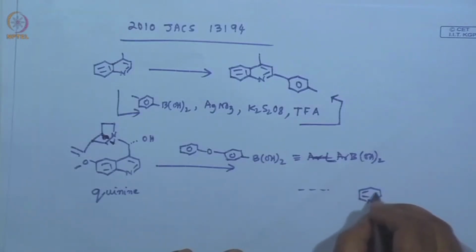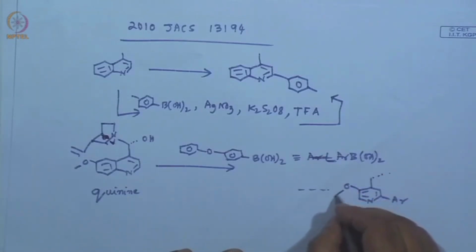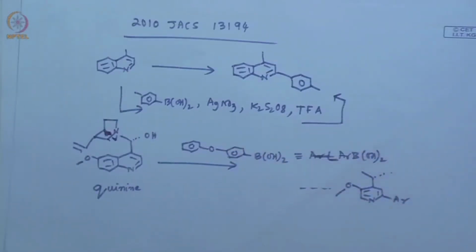The product would have Ar here, and then the rest as it is, with oxygen up here and oxygen here. This is a very interesting, remarkable example.